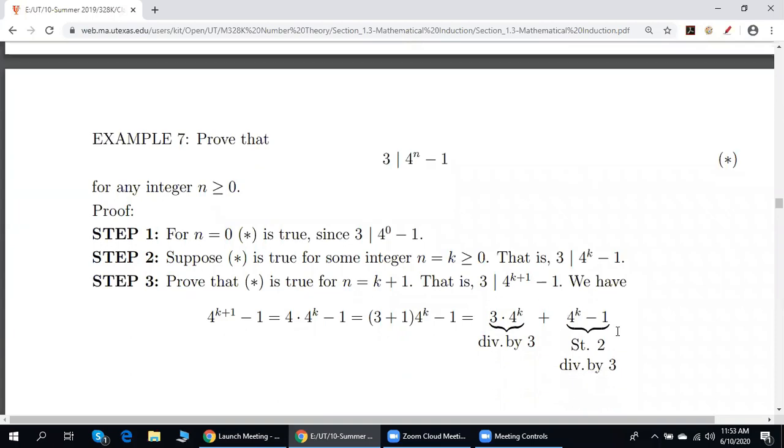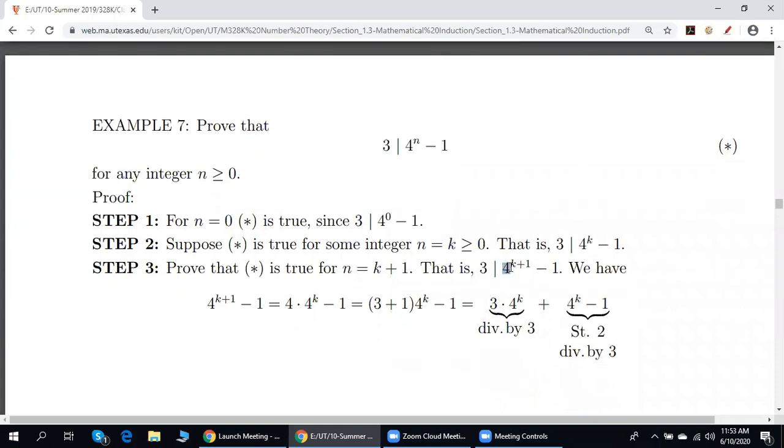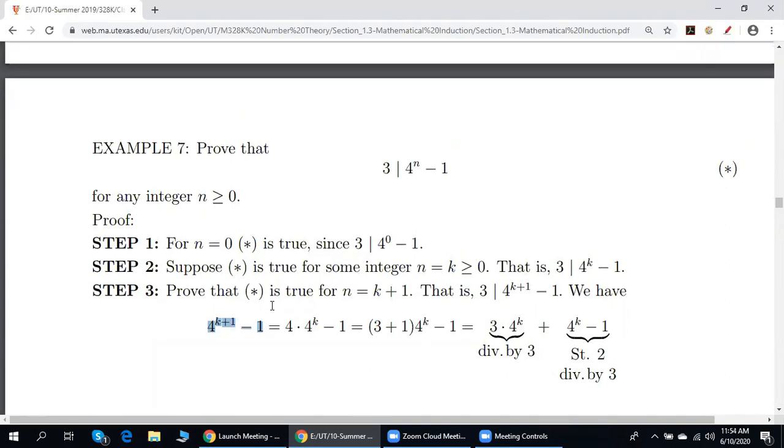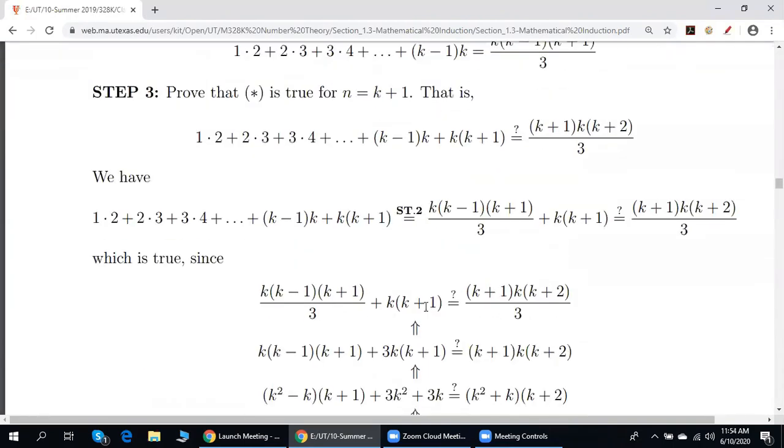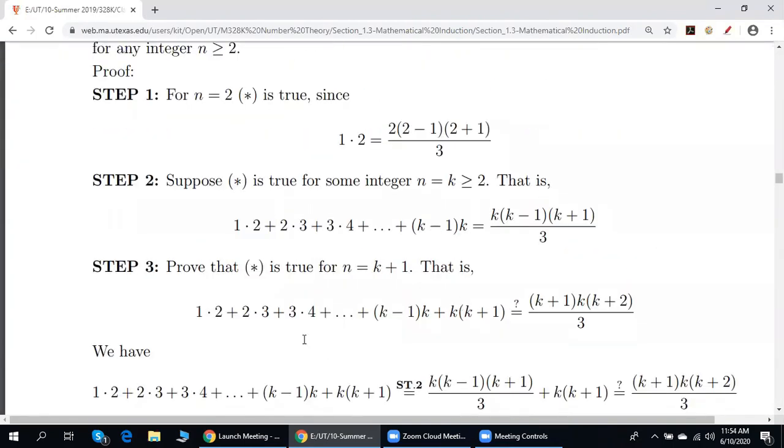Here's how we do it. We start with this expression. It's over here. Let me remind you, in previous examples, one of the goals was to extract step 2 term from step 3 term. It's exactly what we did in all previous examples.